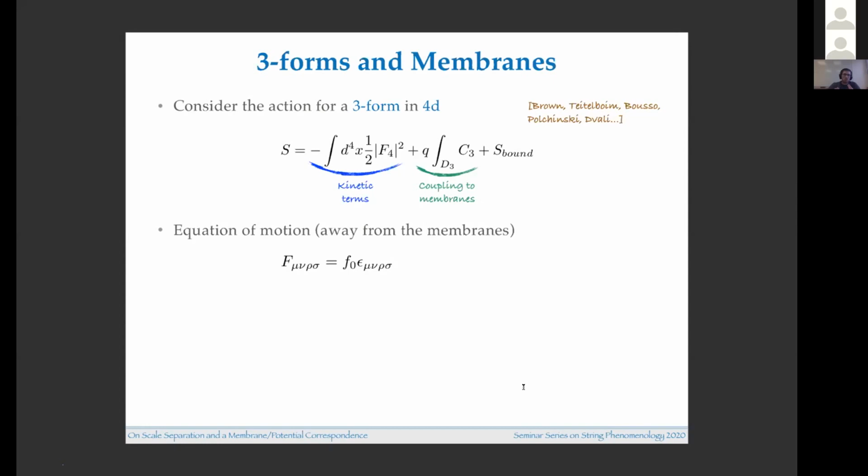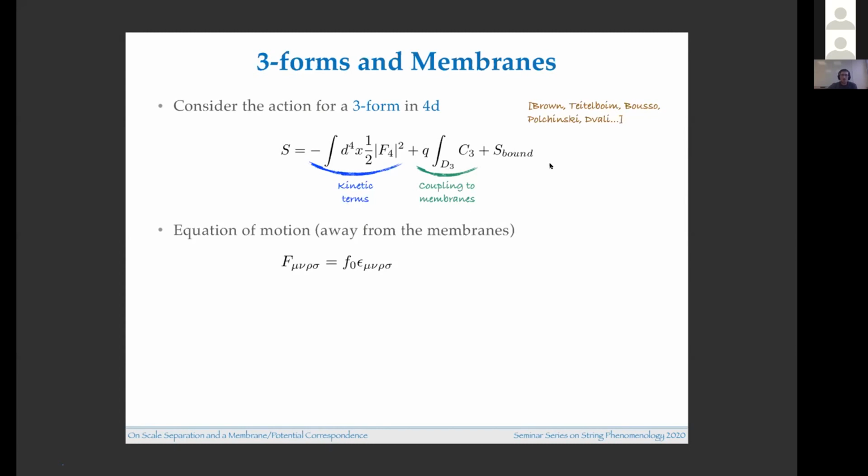So let me begin by introducing a 3-form in 4 dimensions, and the typical action that describes this 3-form is of this form, basically, where we have these kinetic terms, which are just the 4-form field strength squared, and the natural coupling of 3-forms to membranes with charge Q. When I say membranes, let me recall that I mean codimension 1 objects in 4 dimensions.